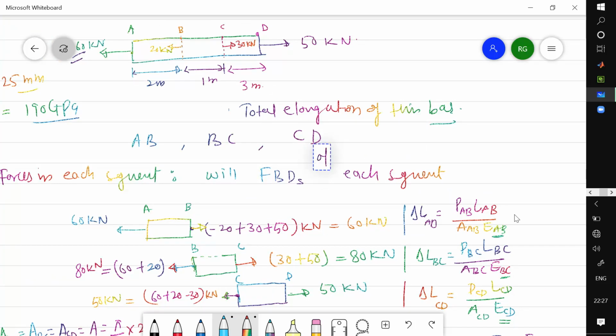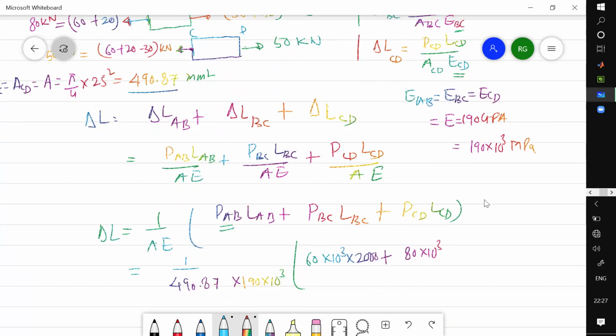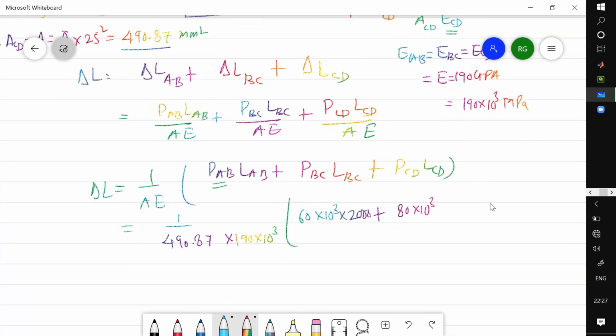So we can put in the data: 1000 mm for 1 meter, plus 50 and the length of this segment is 3 meter. If we solve this, then delta L becomes 3.75 mm.